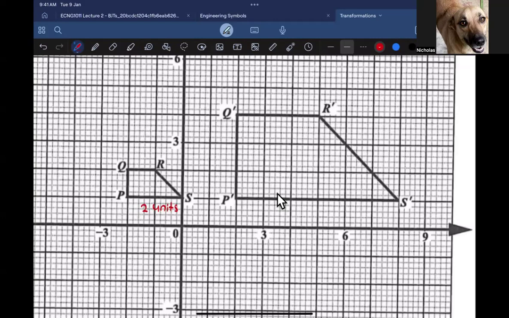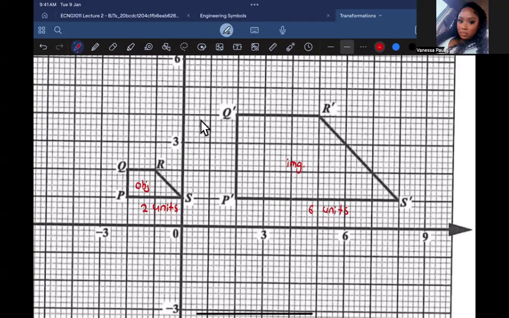And from P prime to S prime, that is 6 units. So how many times bigger is the image compared to the object? 3 times. Desron, I think you understand what I mean by scale factor in that sense.